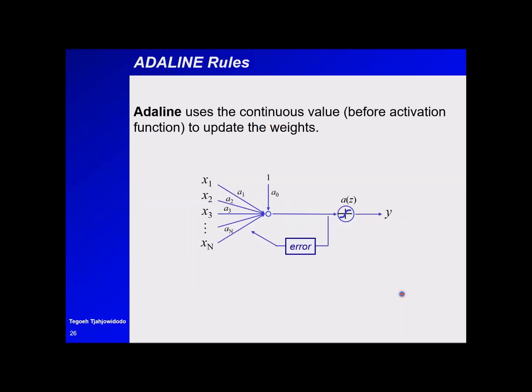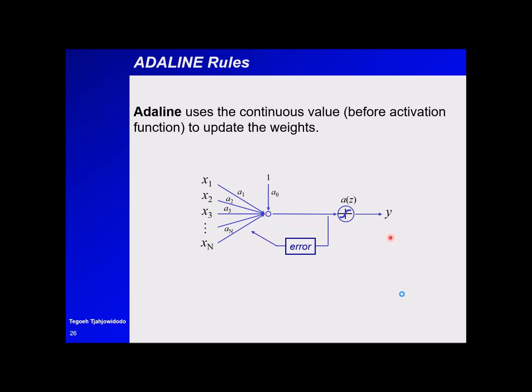Let's take a look at this example. I will take an example here, but let's consider a simple single Adaline network. So what is an Adaline network? An Adaline network is a concept to update the weightage, but the update is taken from the output of the node before the activation function.